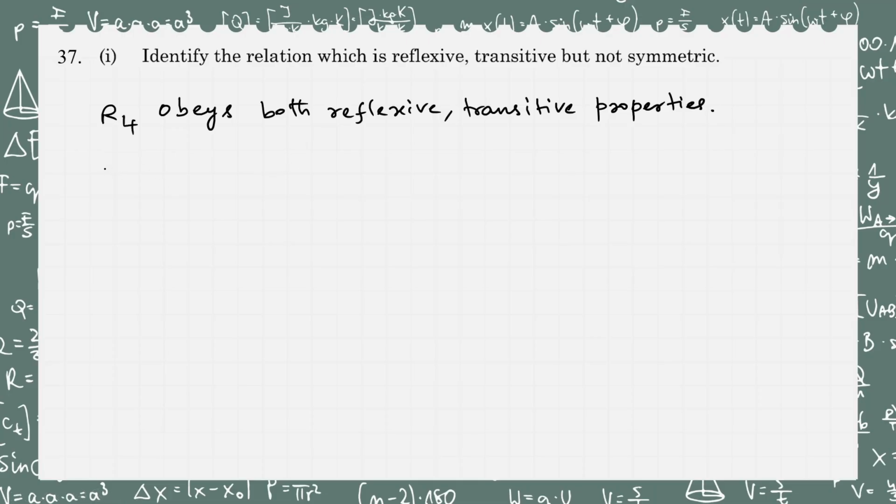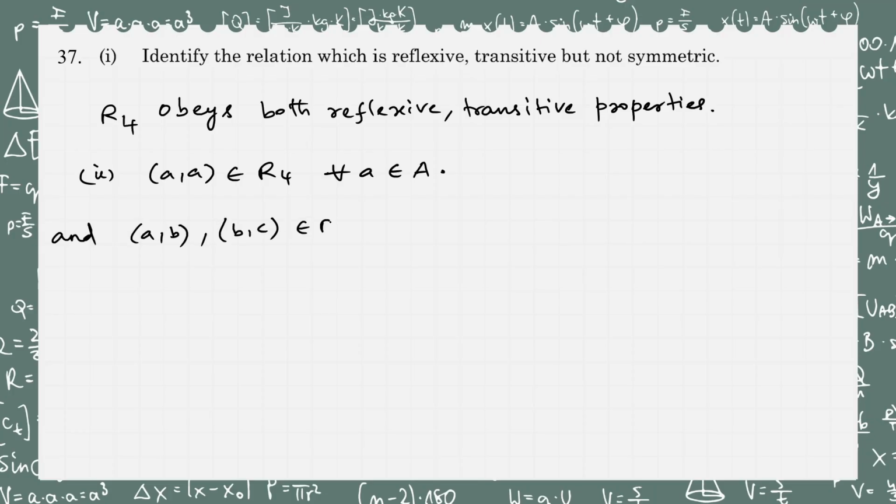That is, (a, a) belongs to R4 for all a belonging to capital A. That is the definition of the reflexive property. And (a, b), (b, c) belonging to R4 implies (a, c) belongs to R4 for all a, b, c taken from capital A.